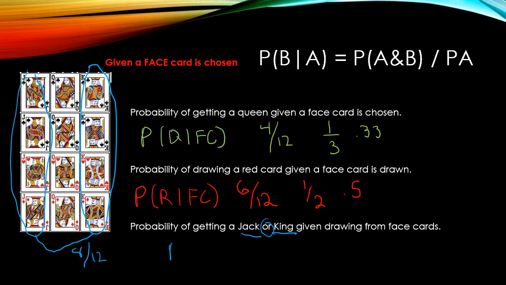So the probability of jack or king given a face card. And sometimes these conditional probabilities happen. And that gives us 8 out of 12, or 2 out of 3, or 0.667 repeating.